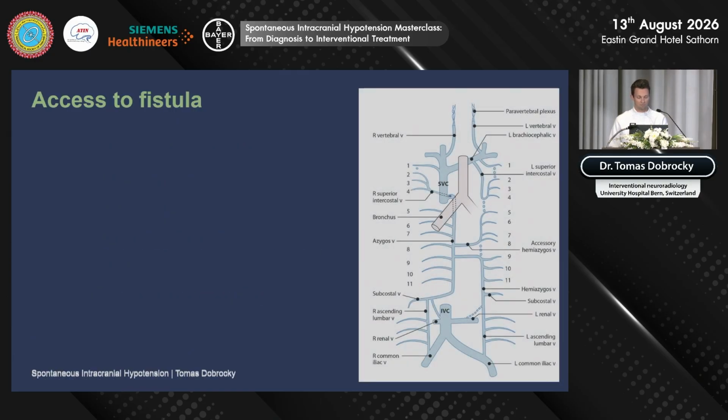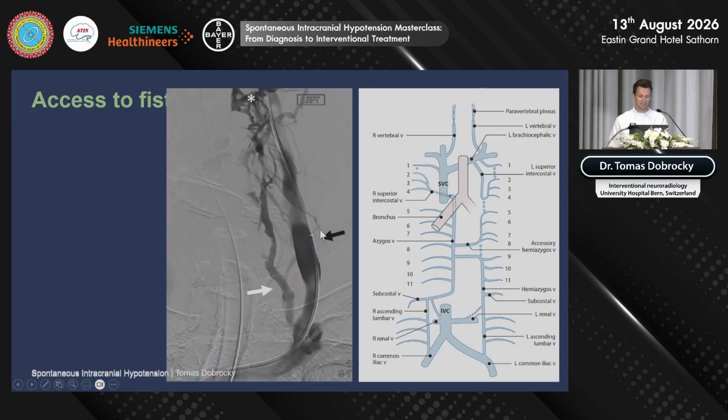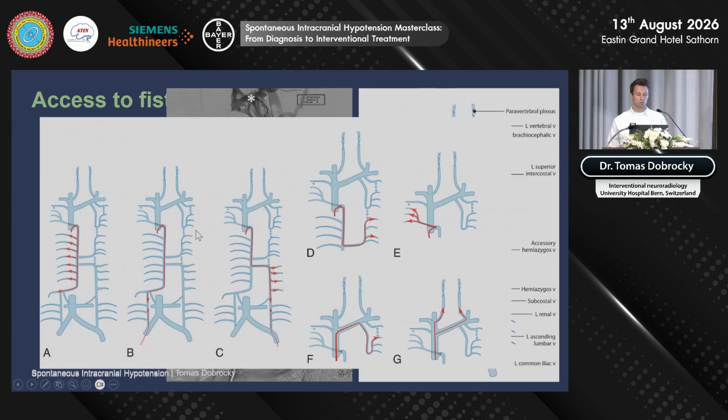There is very nice work from colleagues again here, on how to reach different levels. This was something we were very keen on knowing, how to get to the desired level, and there were very nice illustrations of which segmental vein to exit. However, by now we have learned that sometimes navigating into each and every segmental vein can be very complicated, and using the epidural plexus as your highway is actually a lot easier.